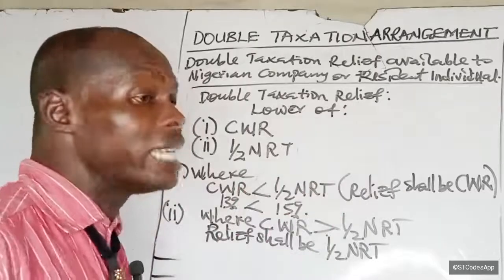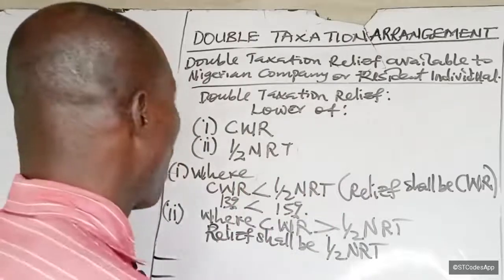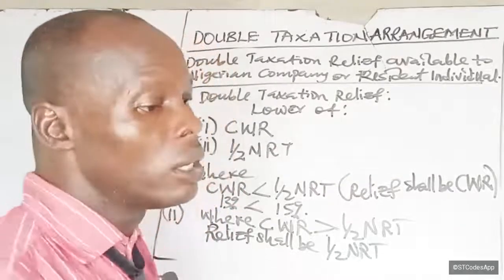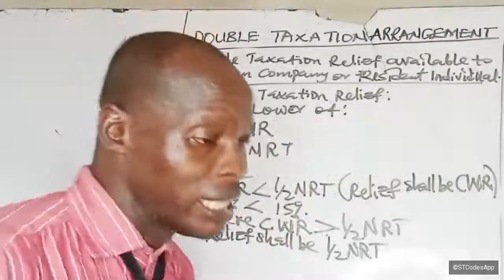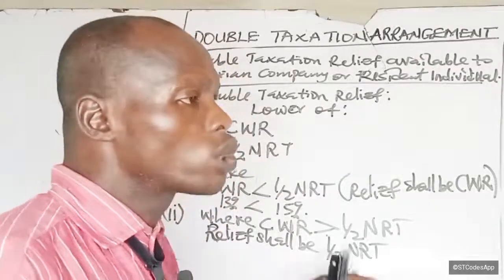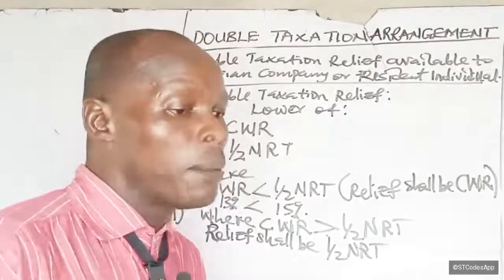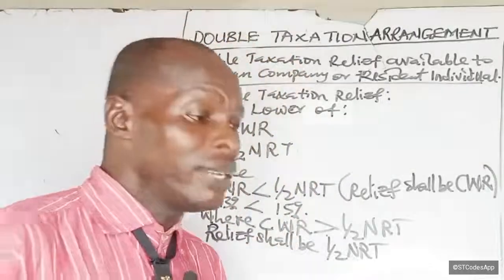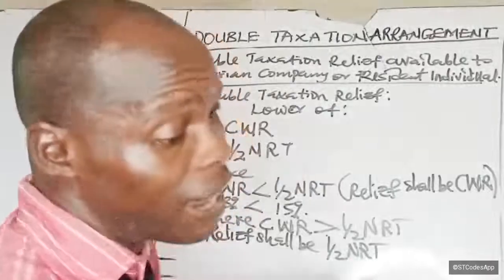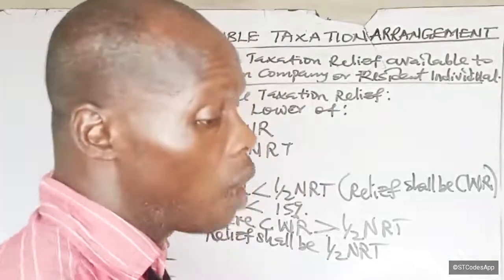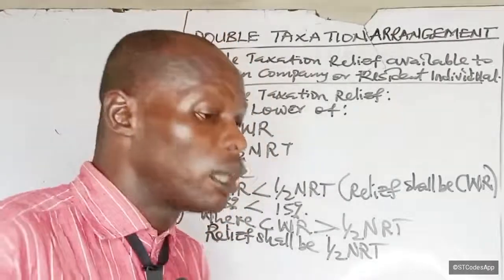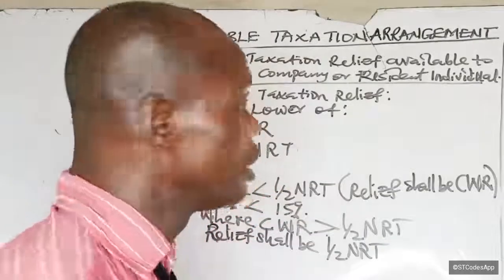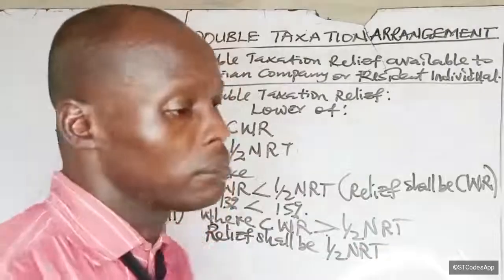Now, non-Nigerian company or non-resident individual. An individual who doesn't domicile in Nigeria, who sojourns in Nigeria for a period less than 183 days, or who doesn't serve as a diplomat or a diplomatic agent in Nigeria, such an individual is said to be a non-resident individual.